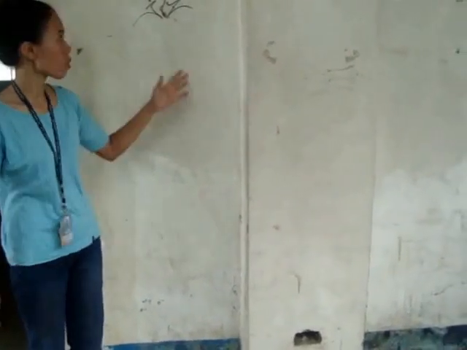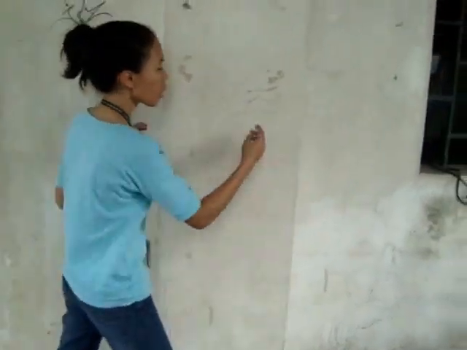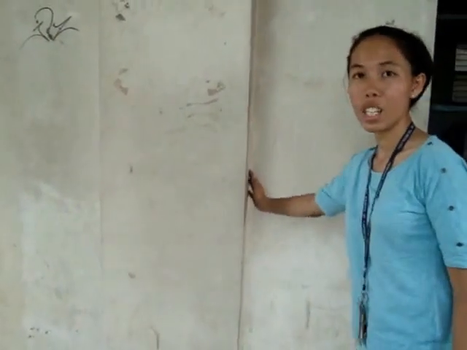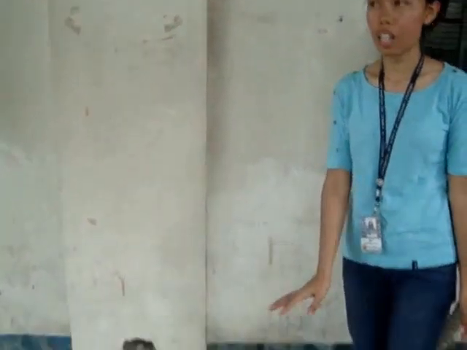The common edge of the two dihedral angles, which is this one and this one, is perpendicular to the floor. And when a line is perpendicular to a floor, it measures 90 degrees, which forms a right angle.